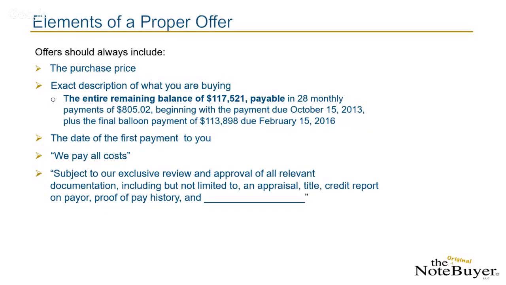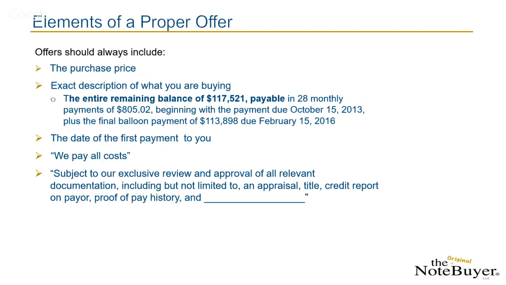And that is, you want to say that your offer is subject to our exclusive review and approval of all relevant documentation, including but not limited to an appraisal, title report, credit report on the payor, not on the note seller, but on the payor, proof of pay history, and anything else that you might want to include.